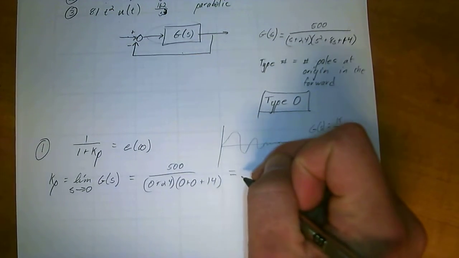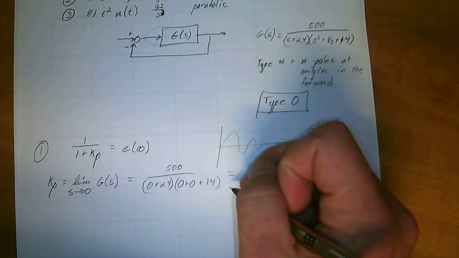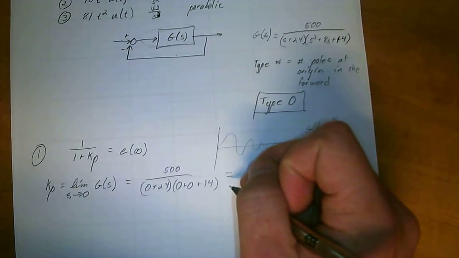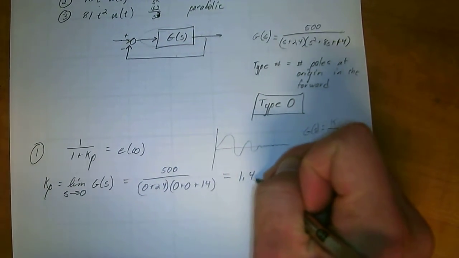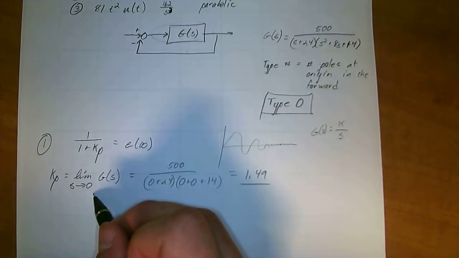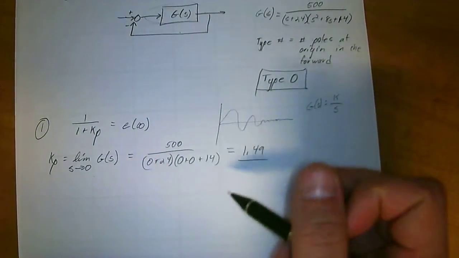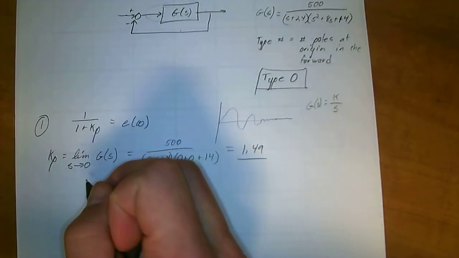And so we've got 24 times 14 over 500. This is going to equal 500 over 336, which is 1.49. So that's our Kp. You take the limit of g of s. Now you're going to wonder how this changes for ramps, and we'll get to that in a second. But just let me finish this.